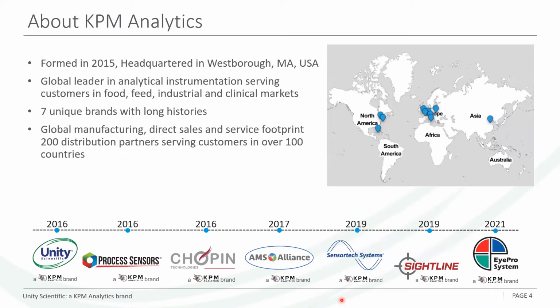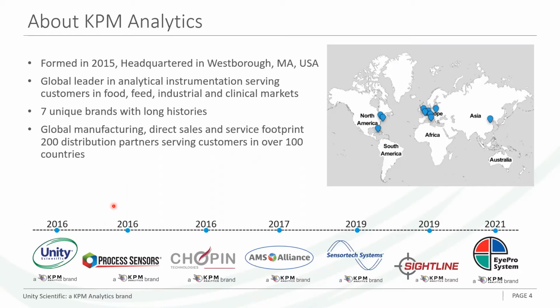So a quick note about KPM Analytics. KPM Analytics was formed in 2015, right at the end of the year. We're headquartered in Westboro, Mass, outside of Boston. Early in 2016, the brand started being added to KPM Analytics. So Unity was the first one. Process Sensors followed immediately after, and you can see the various brands that we've been adding since then, with our most recent one being iPro System from Italy, a vision inspection company. So we are a global leader in analytical instrumentation, and we specialize in the food, feed, industrial, and clinical markets.